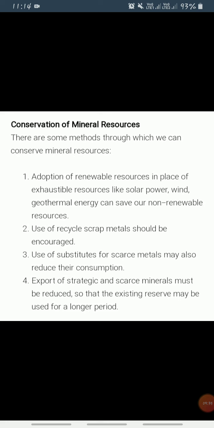So now we have discussed all the non-conventional energy resources, and our next topic is conservation of mineral resources and how we will conserve these resources. So this is a challenge for us. The challenge of sustainable development requires integration of the quest for economic development with environmental concerns.